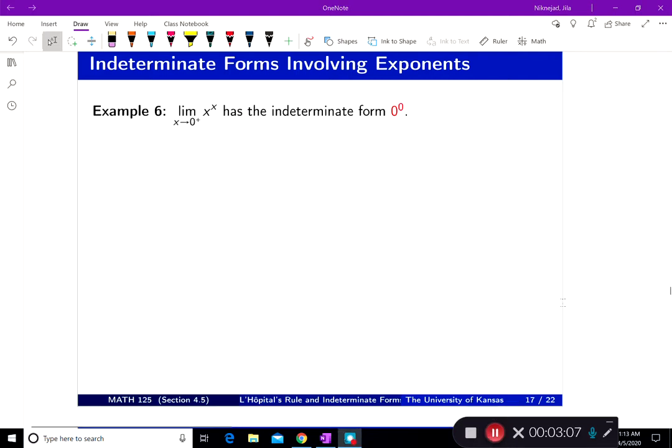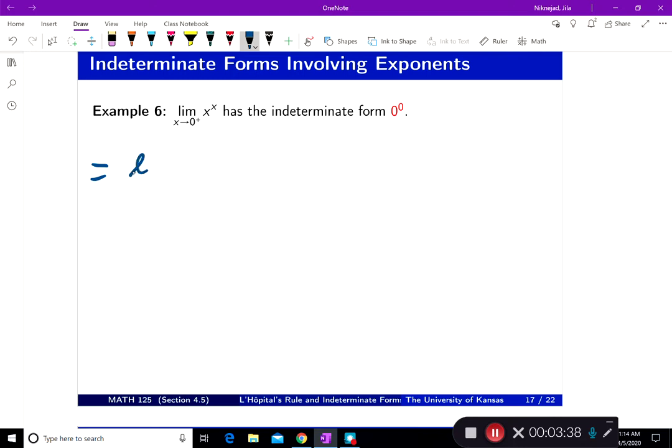Now, example 6. Let's find the limit of x to the power x as x approaches 0 from the right side. What I know is this is 0 to 0, so I have to convert it to 0 times infinity, and then convert it to infinity over infinity, or 0 over 0.